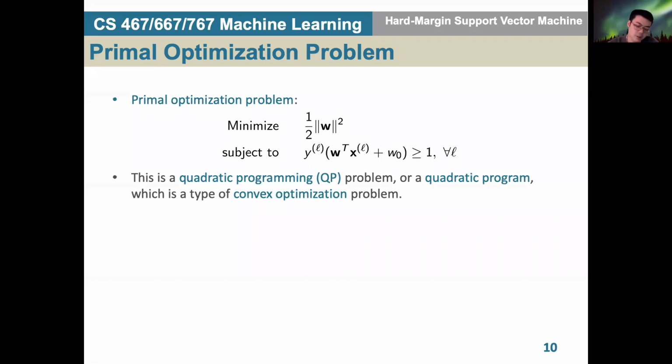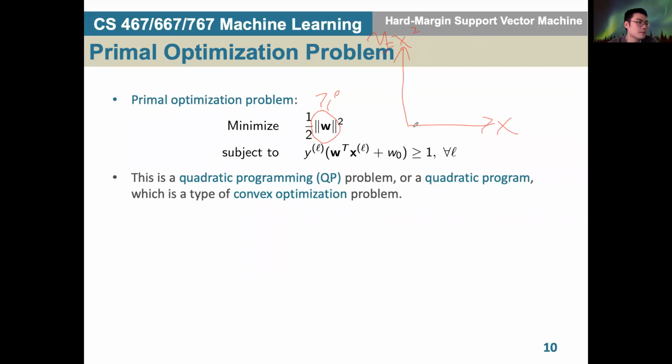Sorry, I'm not convinced where the square came from. Oh, okay, the square part, right? So for example, let's say this is a non-negative value, let's call it x, and y equals x squared. It's this shape, right?